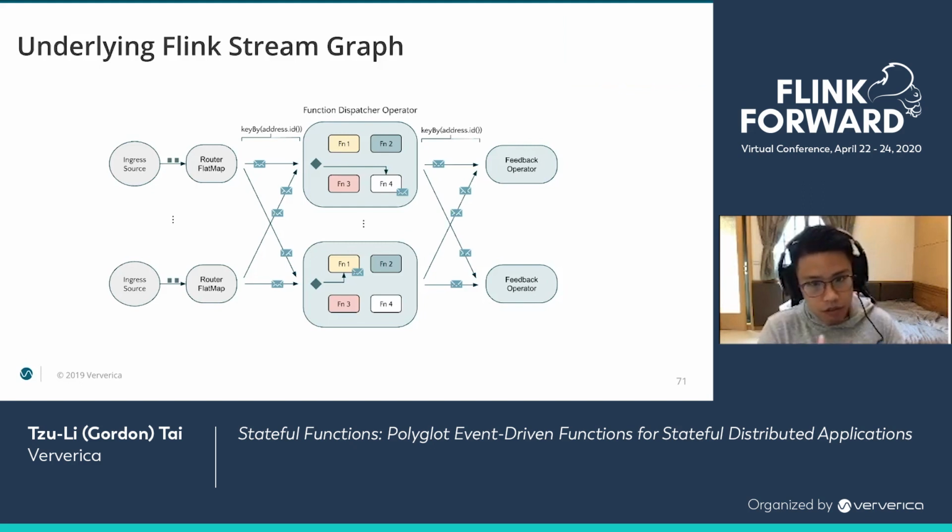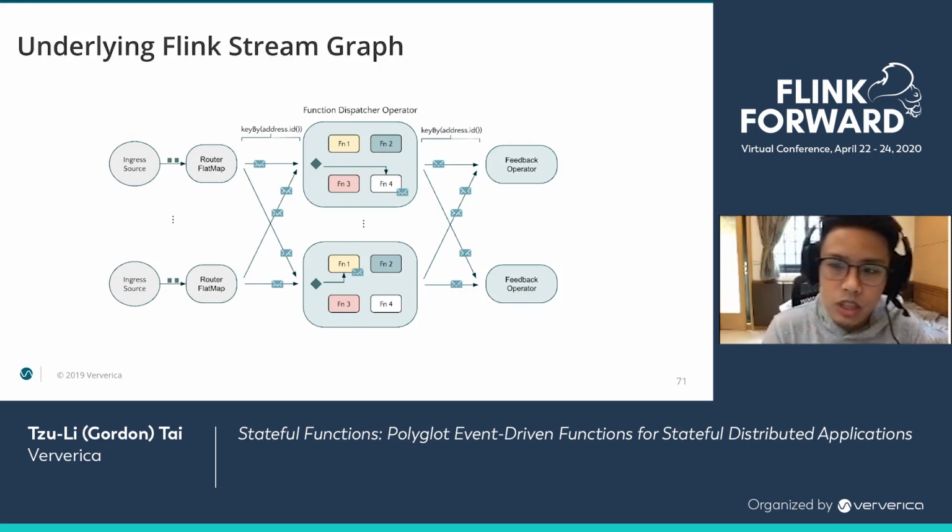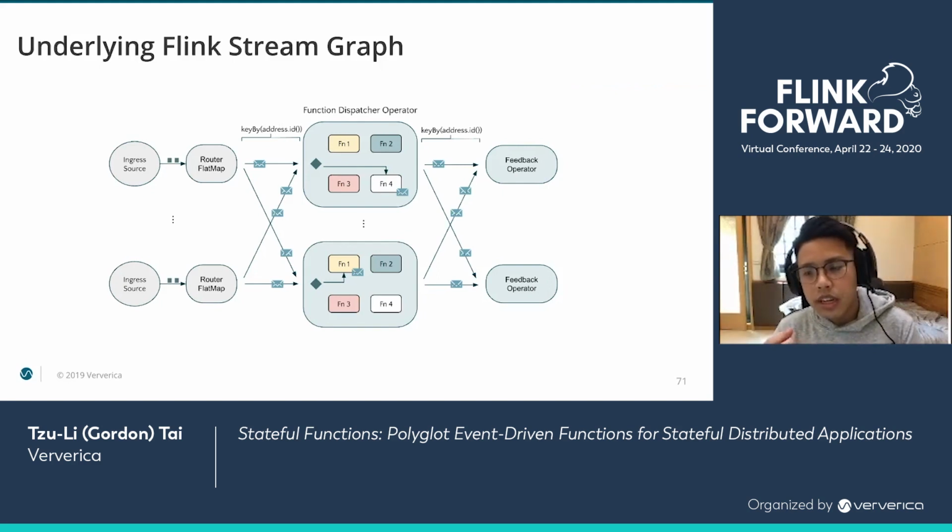Now, the next part is how functions then message each other, or simply how the function dispatcher subtasks send messages to each other, right? This is done by co-locating each function dispatcher with another feedback operator, so that outgoing messages sent from functions are also going through a network shuffle using the target function addresses as key.